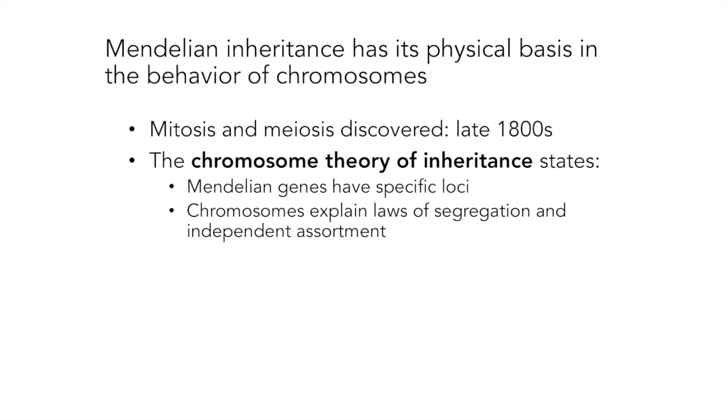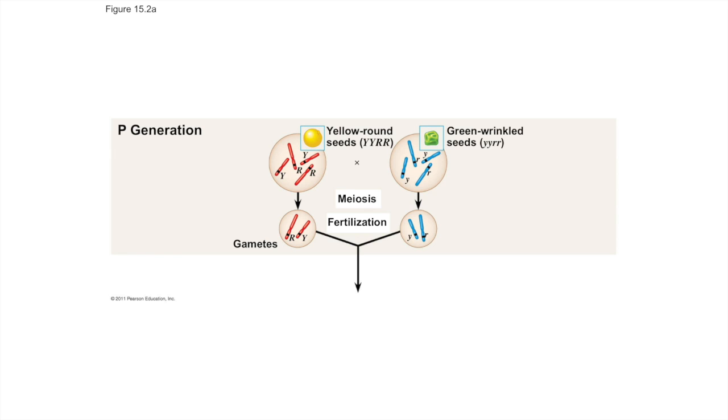So the chromosome theory of inheritance that we now have as sort of the descendant of Mendel's ideas says that Mendelian genes have specific loci or physical locations within the chromosomes, and that chromosomes explain how we see segregation and independent assortment. So we're kind of combining Mendel with mitosis and meiosis.